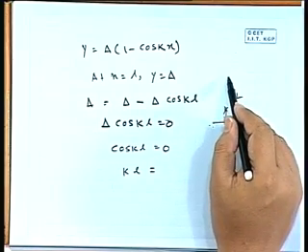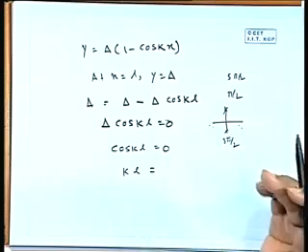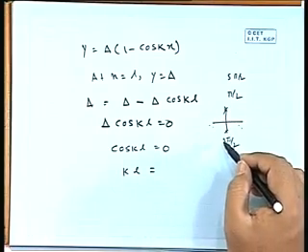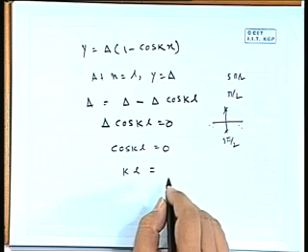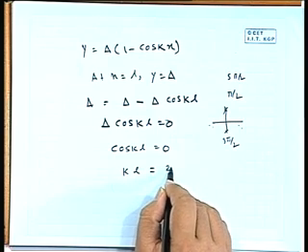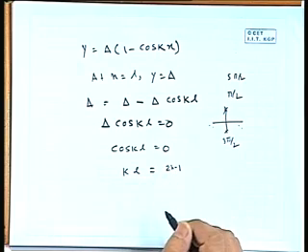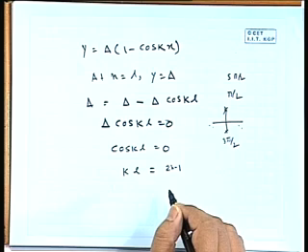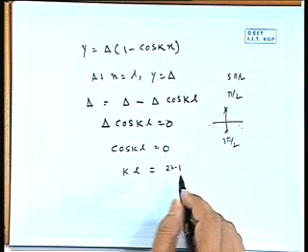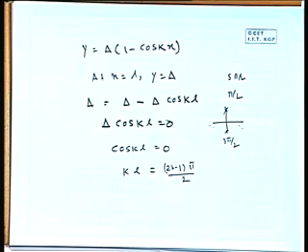Again it will be 5 pi by 2. So if we put it in a form, it will be at 1, 3, 5 like this. So we can write 2n minus 1. If n equal to 1, it will be 1. If n equal to 2, it will be 3. That we can write.